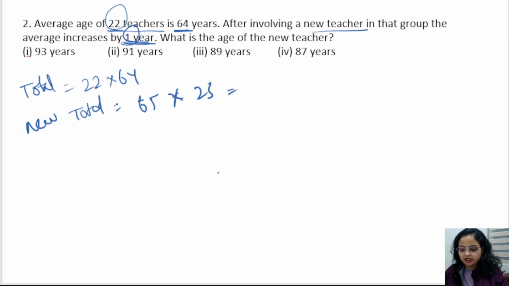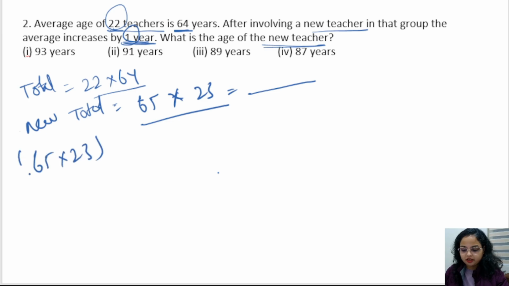So this is the total age of the teachers when the new teacher is added. To find the age of the new teacher, we have to subtract these two: 65 into 23 minus 22 into 64. You will get the answer.